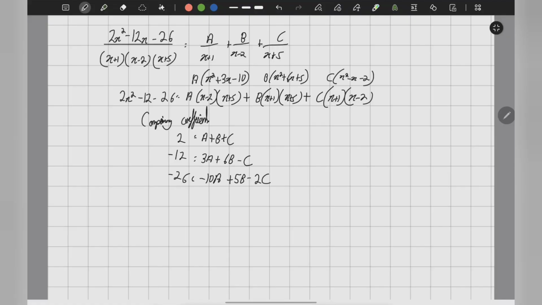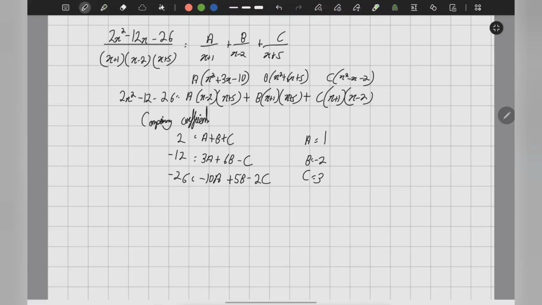So a plus b plus c equals 2, 3, 6, minus 1, minus 12, and then minus 10, 5, minus 2, and minus 26. Okay, I got a is equal to 1, b is equal to minus 2, and c is equal to 3.